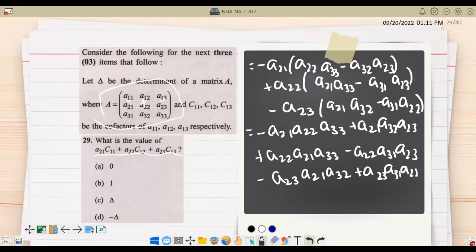Now we see here we have minus A21 A22 A33 and here plus A22 A21 A33, so we can cancel these out. Here it is A21 A32 A23 and here minus A23 A21 A32, so this is cancelled, and the remaining A22 A31 A23 terms are also cancelled. So the remaining part is 0. So the answer is 0 here.